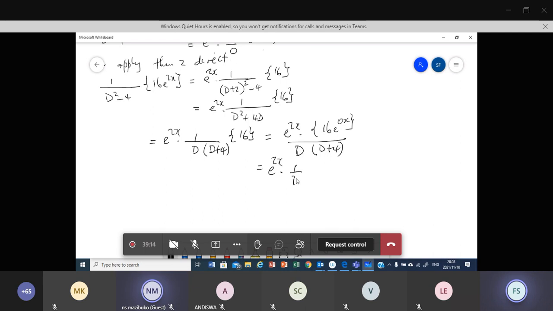So it's 1 over D there, then we'll be left with 4 after D has been replaced by naught, then we are left with 16. That gives us e to the power 2x, 1 over D, 16 over 4 is 4. 1 over D on 4 is the integral of 4, so e to the power 2x and 4x is our final answer. All right.